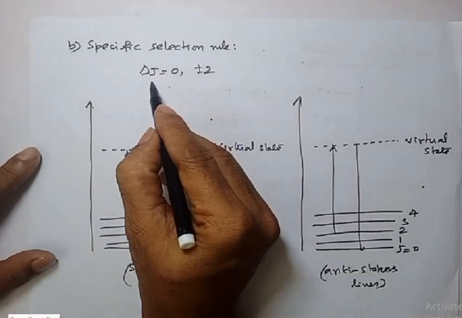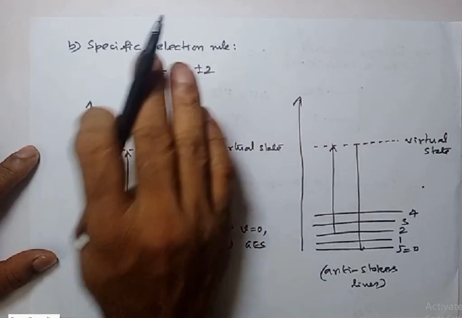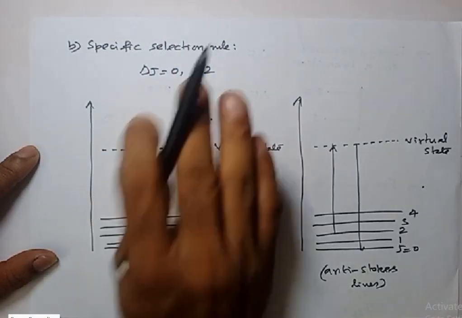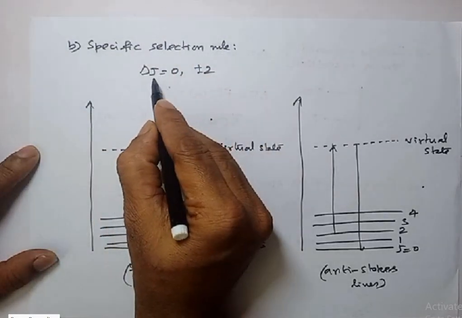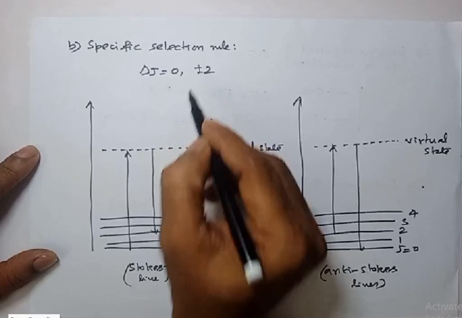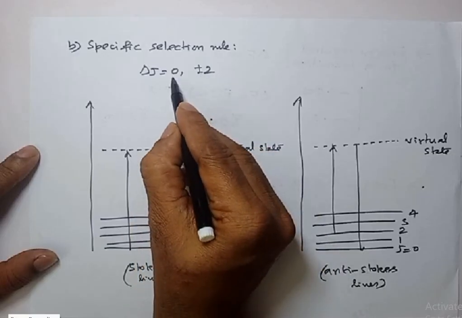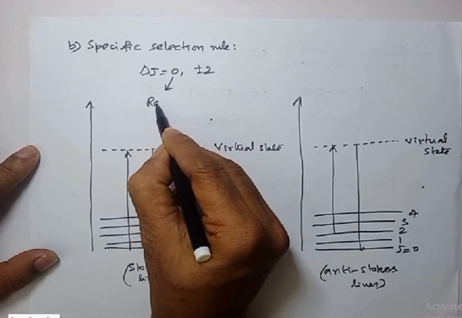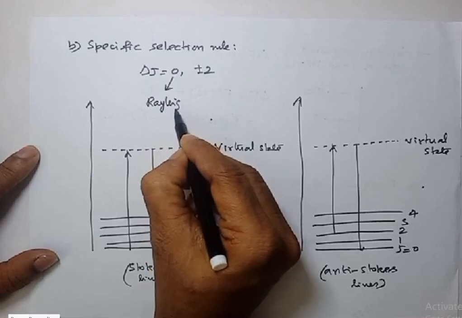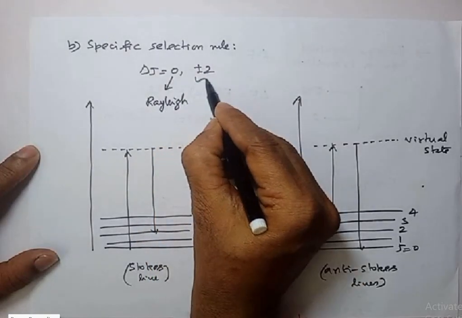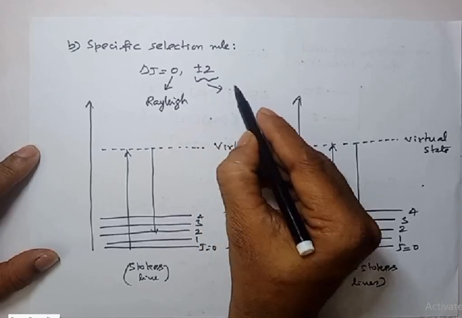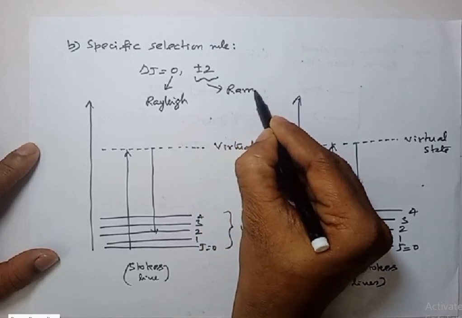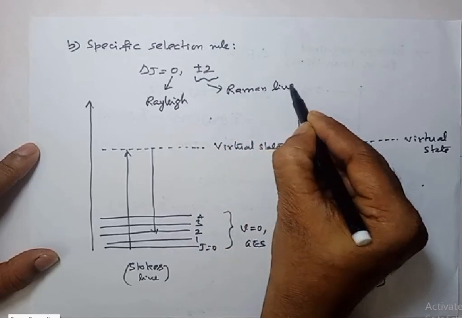What this rule says is that for a molecule to be Raman active, delta J should be plus or minus 2. Delta J equal to 0 corresponds to the Rayleigh line. Delta J plus or minus 2 corresponds to Raman lines.